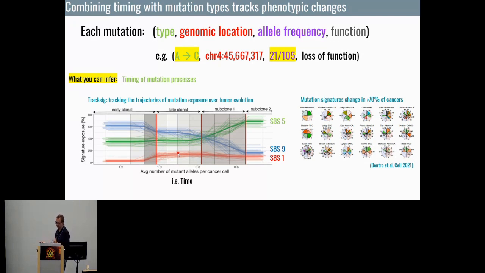So this is a B cell cancer, and generally it's associated with a type of cancer called CLL. You can see that these mutations are happening early clonal, before the transformation, because that's just the definition of the cell type. But as the cancer changes and progresses, you see an increase of this other type of mutation called SBS5.